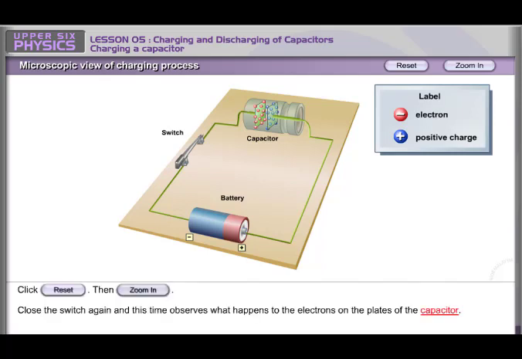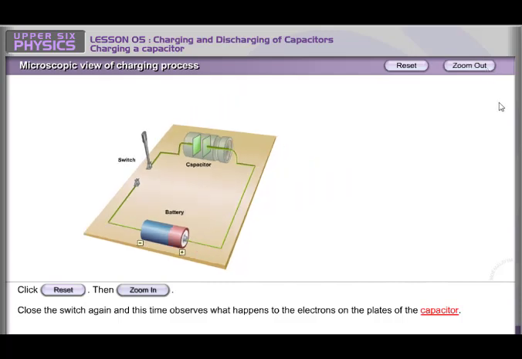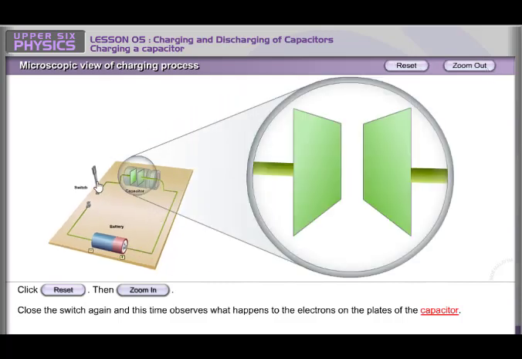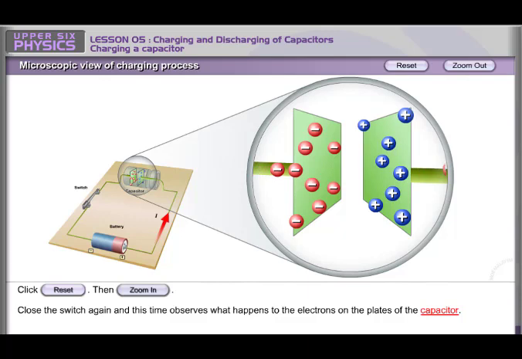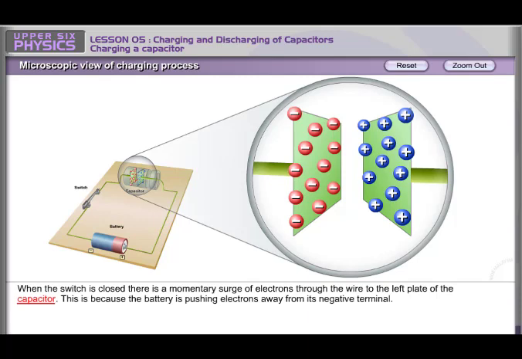Click the Reset button, then the Zoom In button. Close the switch again, and this time observe what happens to the electrons on the plates of the capacitor. When the switch is closed, there is a momentary surge of electrons through the wire to the left plate of the capacitor.